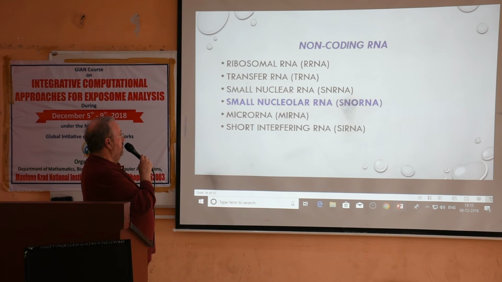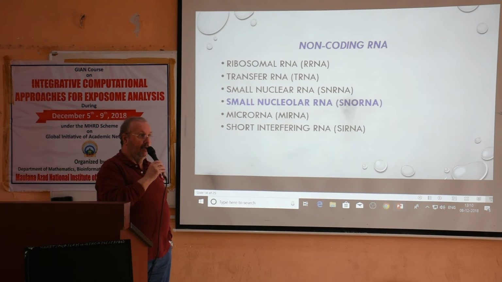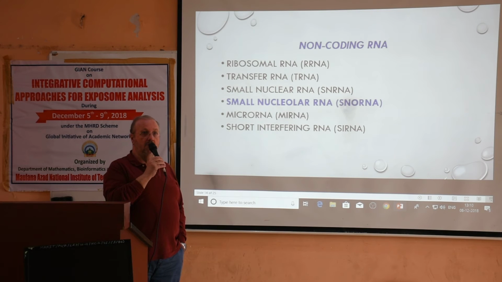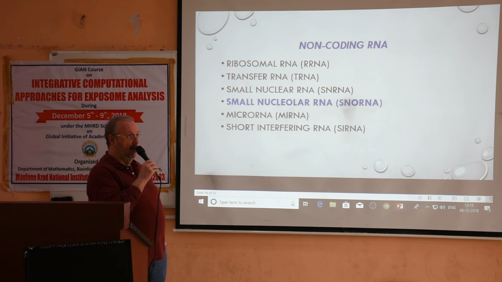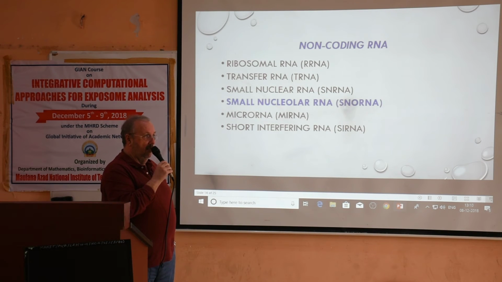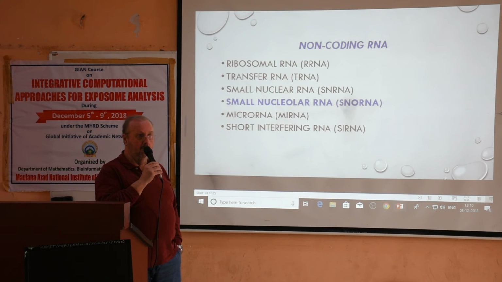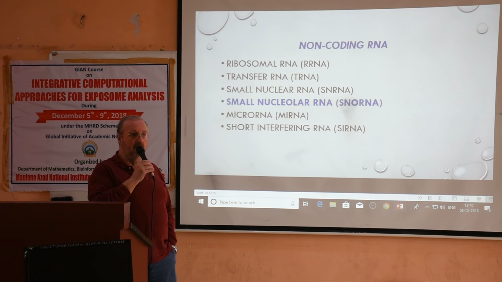MicroRNA are very well known. The last one, the short interfering RNA, is also well known. This class of compounds is important because there are many kits for short interference experiments. One of the problems at this level is that there are two constraints on the method. One is the specificity of the probe. The other is the off-target effect. What are the off-target effects?